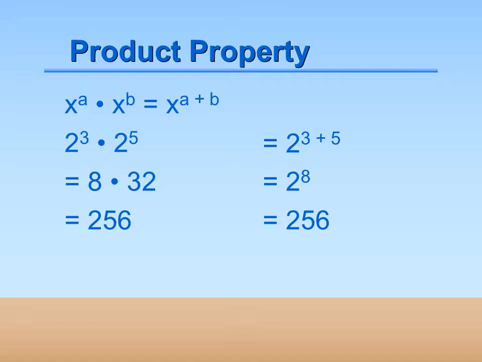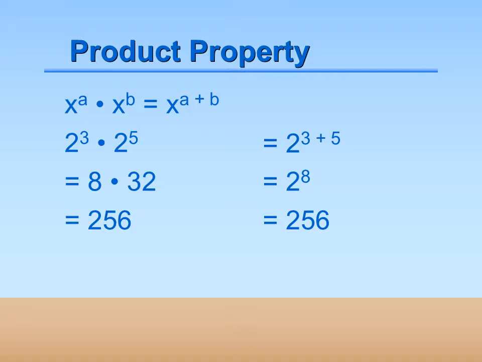All right, so let's take a look at the product property. In this example, we have 2 to the third times 2 to the fifth. Using the product property, that means we can do 2 to the third plus 5. What we want to show is, does it work?